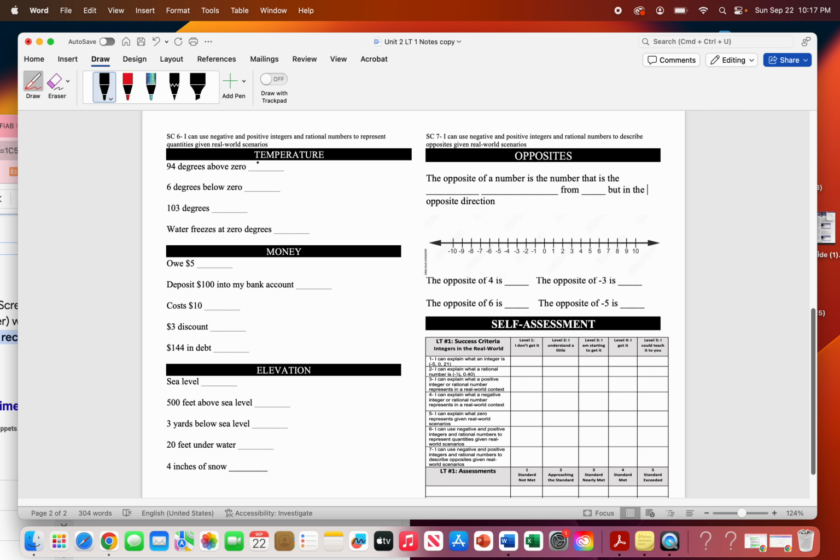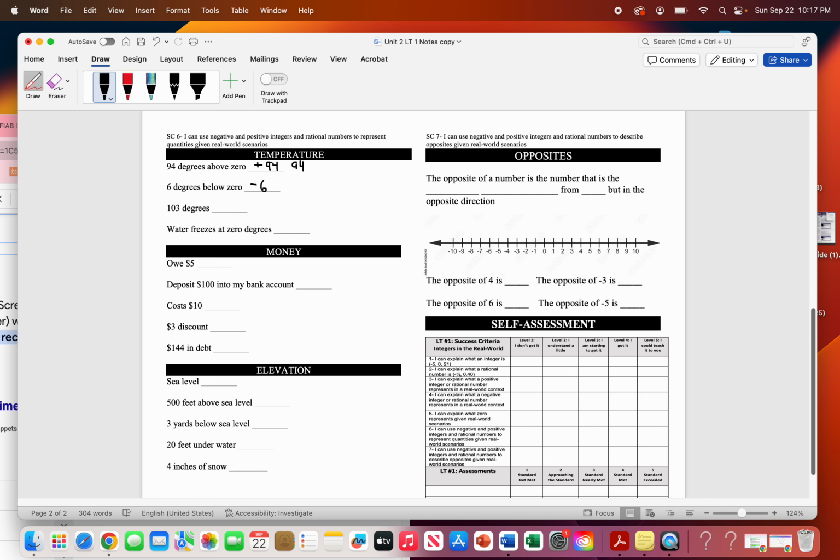Remember, a positive integer is when it's above the 0 in temperature. So it would be positive 94. Or you could just say 94. Either one doesn't matter. Both of them represent positive. 6 degrees below 0. Well, that would be a -6. Because it's below 0, it's less.